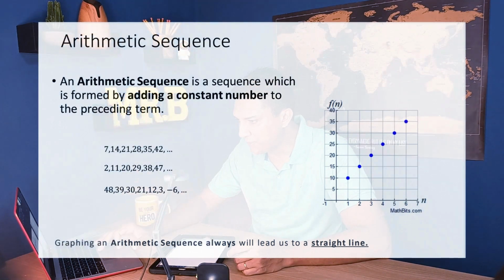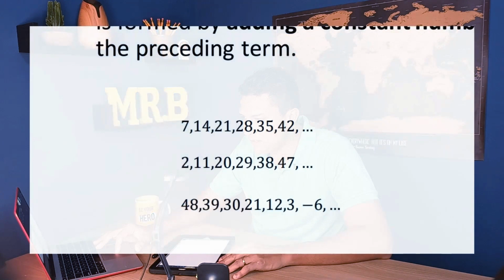As you can see here, for example, in the slides that you are seeing at this point, there are 3 different sequences. Let's see the first one: 7, 14, 21, 28, 35. As you can see, all of them have a common number that is between each of the terms.